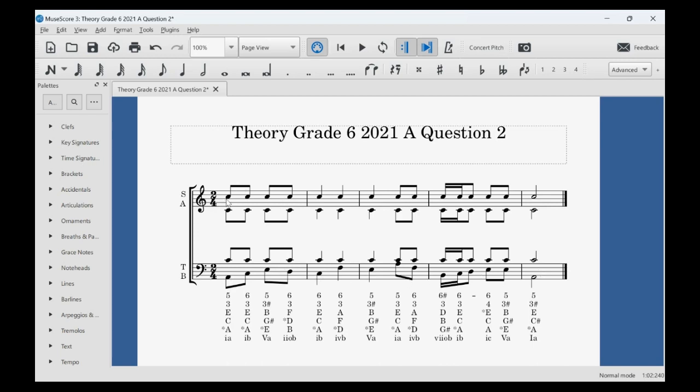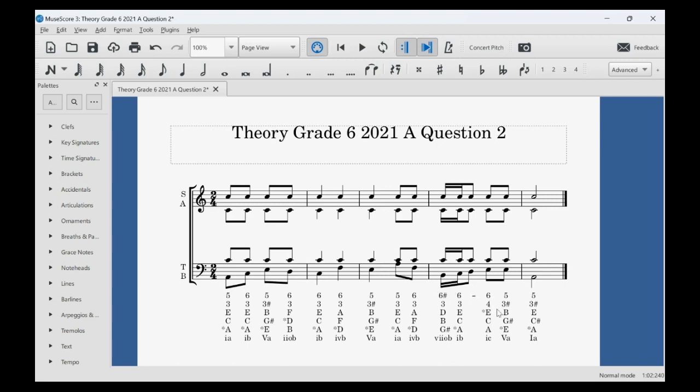However, you can see that for soprano, alto, and tenor, I've included the notes so that it's easy for me to shift the notes around, and I'm not starting the question from the beginning, right? So all sopranos have been written as a treble C right now, alto as middle C, the tenor middle C as well. The bass is as per given from the question.